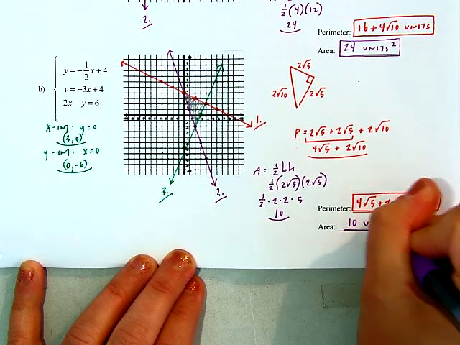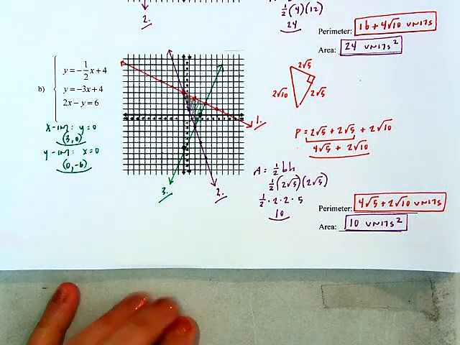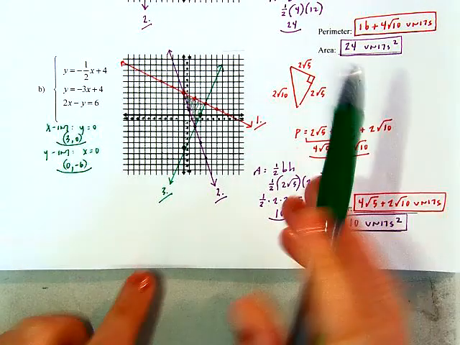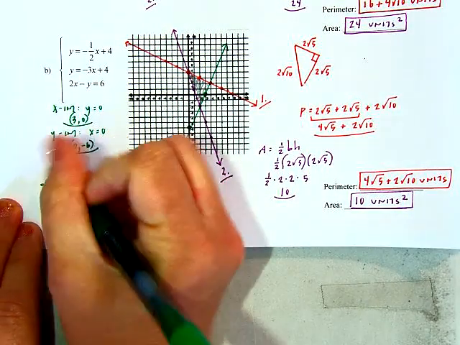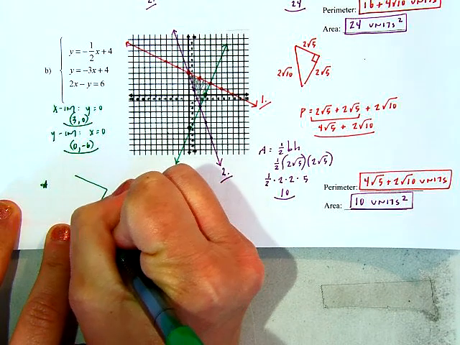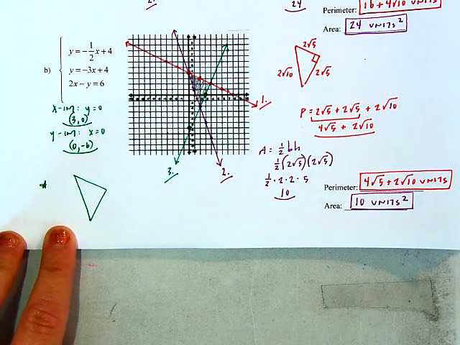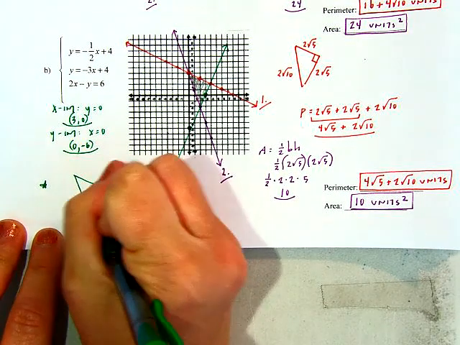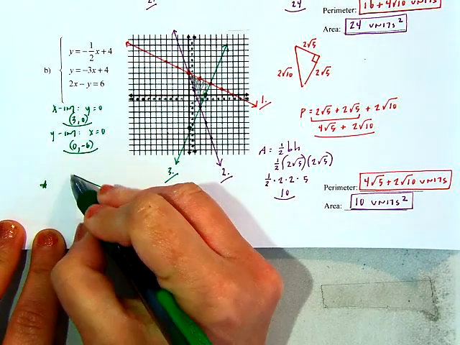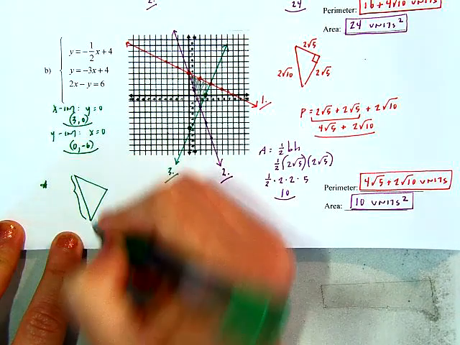Okay, one other little fun thing I want to show you. I don't actually have to look at this as a right triangle. Let me draw it another way. Put a little star over here. So if I draw that triangle out just one other way. Okay, so I'm drawing it out again. I know it's a right triangle, but it's also an isosceles triangle. So I know that if I connect this vertex to this base, let's say that I call this my base, which I know is 2√10.